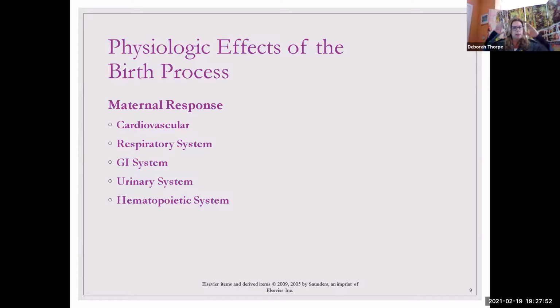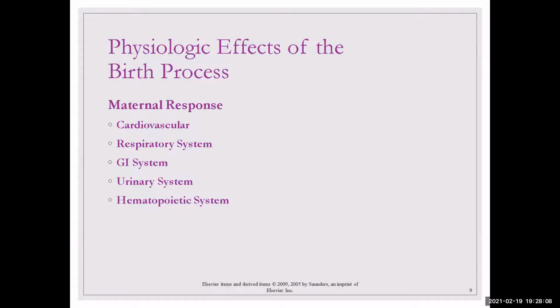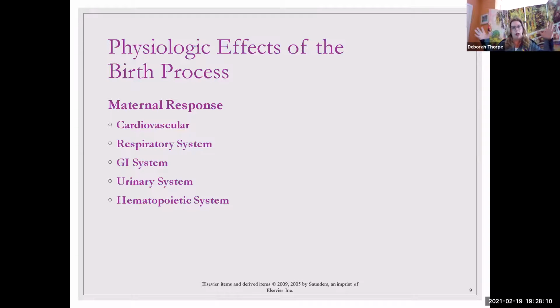When you think about somebody who's now hypervolemic, what are we going to see on blood pressures and pulses and stuff? Do you see how that goes? That being said, between contractions the uterus relaxes, right? So the blood flow goes back into the placenta, and the baby gets its oxygen, has time to recover, and then it'll happen again.